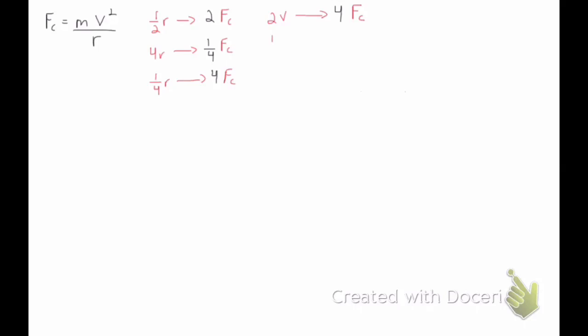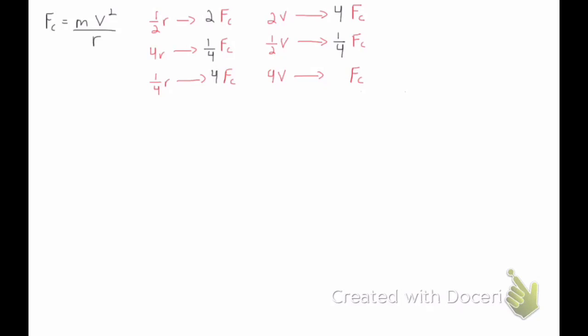What happens when we half the velocity? Directly proportional. However, it's to the square of the velocity, so we square 1/2, and what do we get? We get that the force centripetal has to be quartered. Okay, what happens when we quadruple the velocity? What happens to the force centripetal?